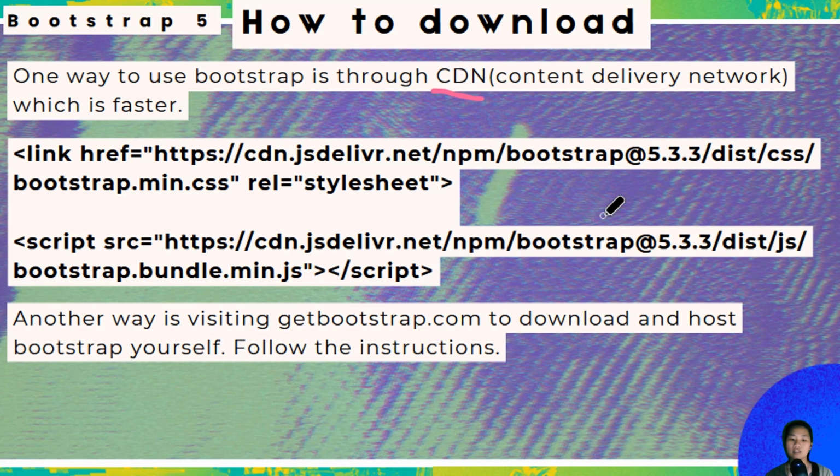And another way of employing Bootstrap is to go to the website and download it directly from the website, following the instructions based on your operating system, your laptop or PC or whatever. It comes specific like that, so it'll make your job in coding much easier.